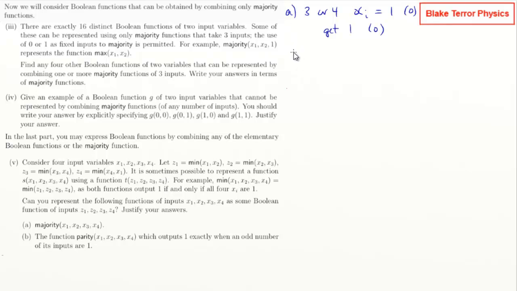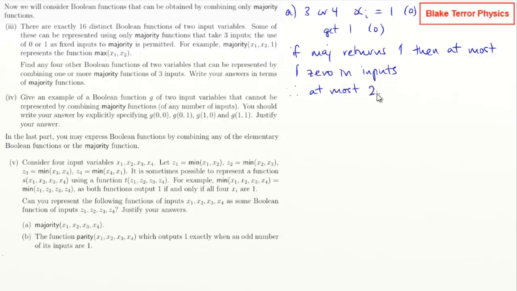So if majority returns a 1, then at most 1 zero in the inputs. Therefore at most 2 zeros in the z options, zi.